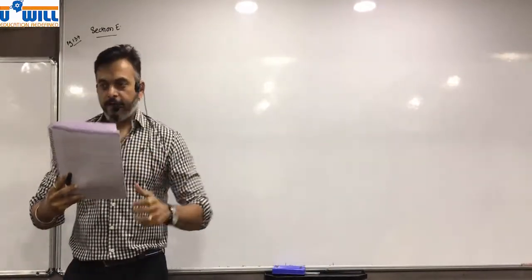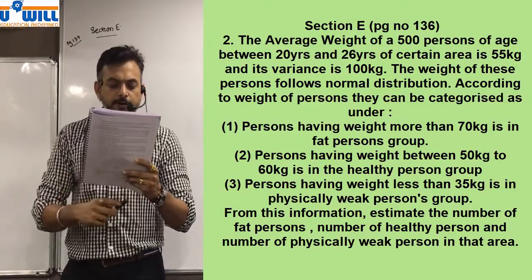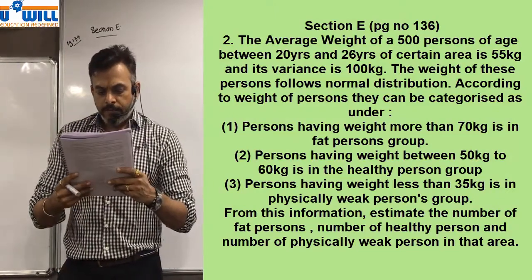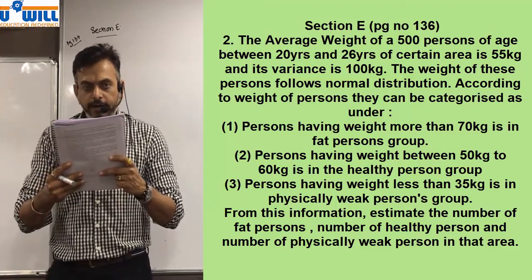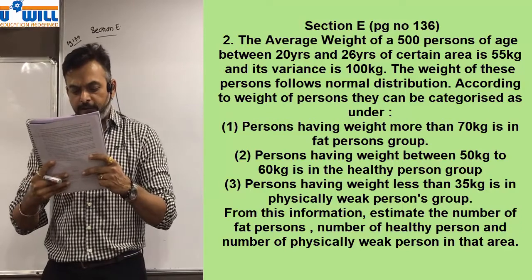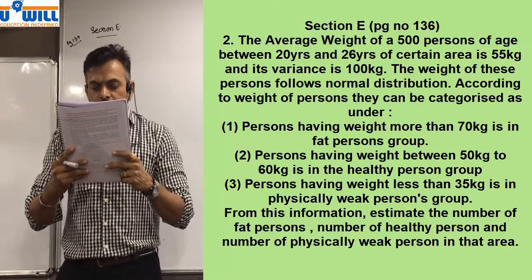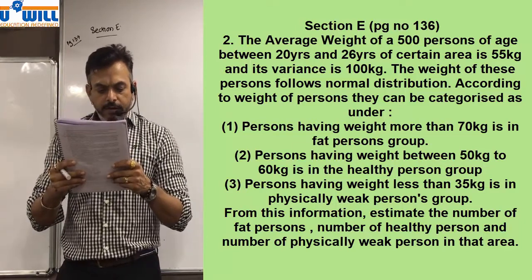Page number 136, question number 2. The average weight of 500 persons of age between 20 years and 26 years of a certain area is 55 kg and its variance is 100 kg. The weight of these persons follows normal distribution.